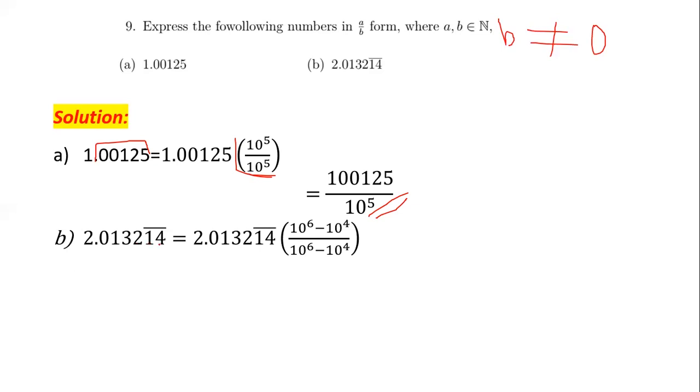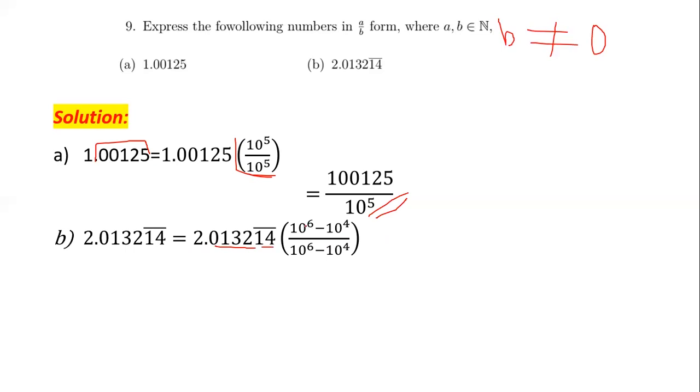The next one, that is B, is 2.013214, where 1 and 4 are repeating digits, that is a repeating decimal number. Then in order to find the fractional form of such a repeating decimal number, we have to multiply the decimal number itself by 10 to the power of 6, where 6 is the sum of the digits after the decimal point, that is, the sum of repeating and non-repeating digits.